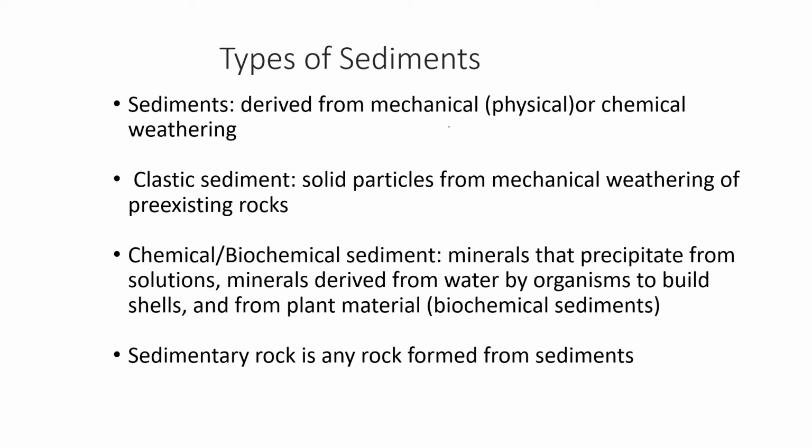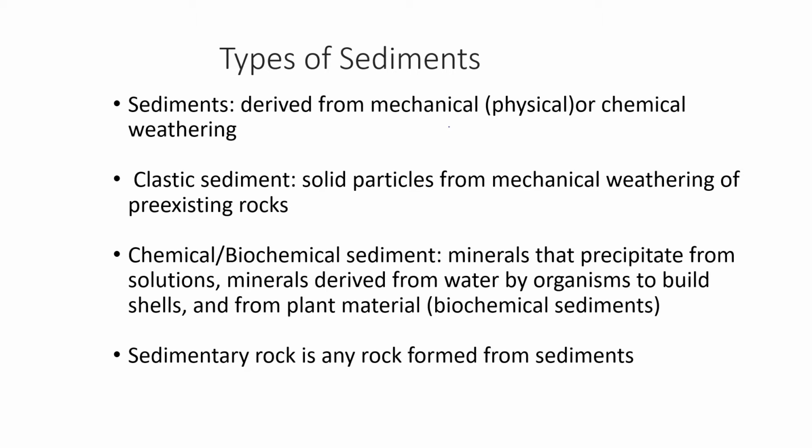Chemical and biochemical sediment comes from minerals that precipitate from solution, or minerals that organisms extract from water, either ocean water, lake water, or river water, to build their shells, and then from plant material.